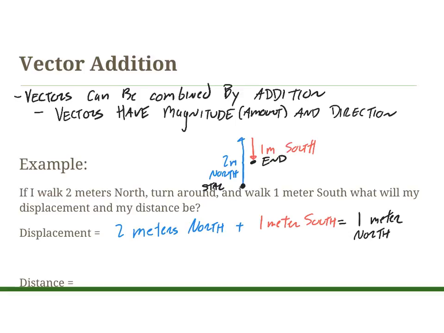But the actual distance that I traveled would have been 2 meters north plus 1 meter south. And when you add that up, that actually equals a total of 3 meters traveled.